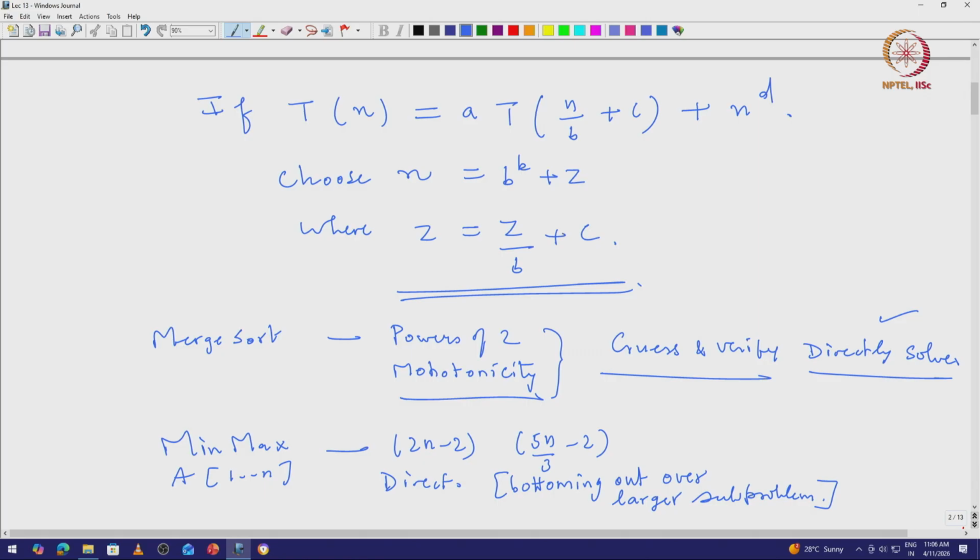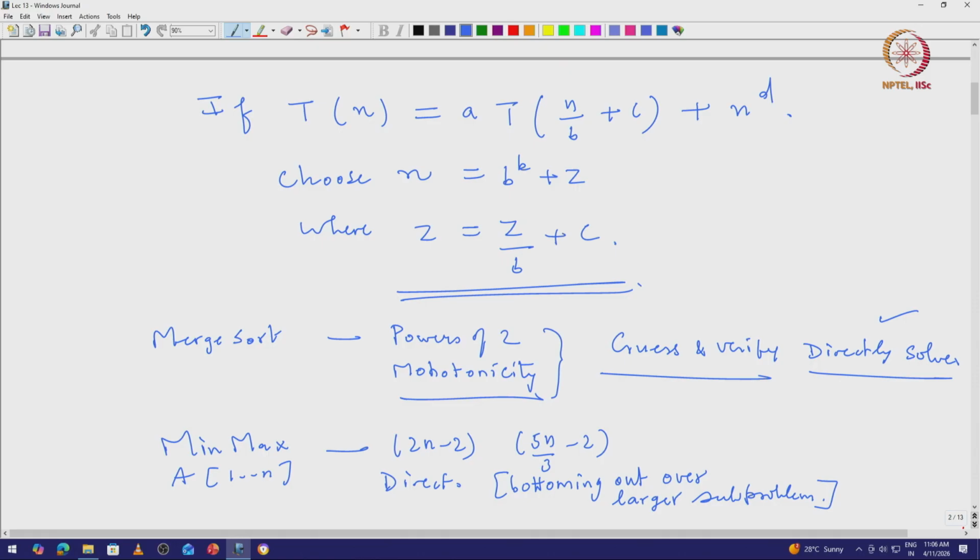So you ask the question: is the current split a good split? Is this the best way to split, or is there any other better way to split and get a more efficient algorithm? So you question the splitting, clever splitting.